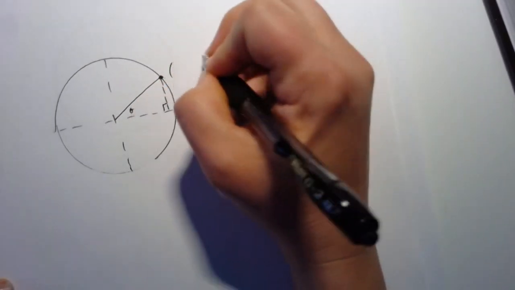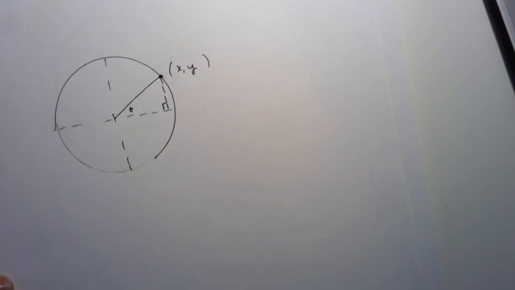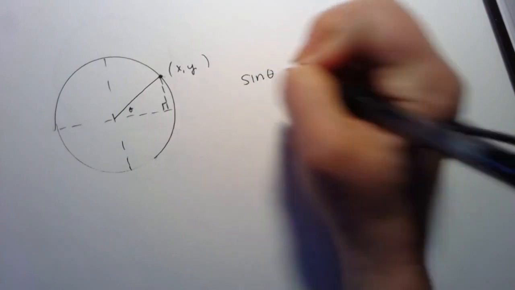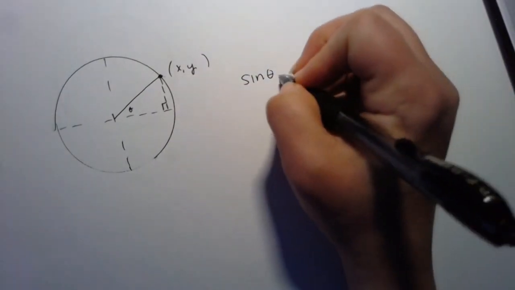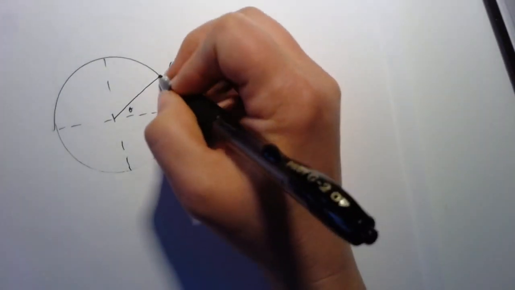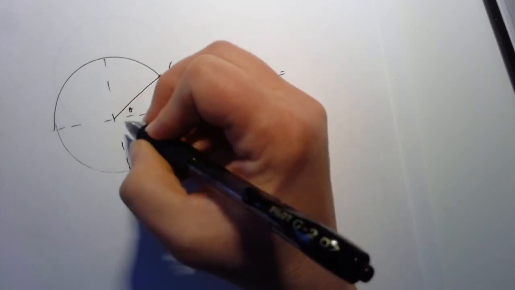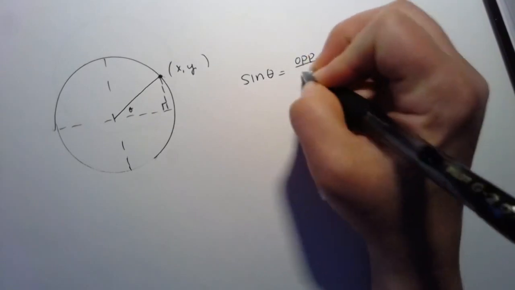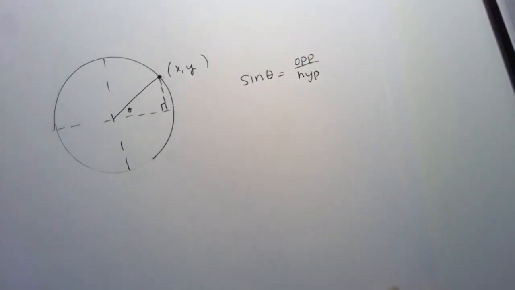In this particular case, if this is my x and this is my y, let's think about our right triangle things. For instance, the sine of theta would be equal to the opposite side over the hypotenuse, in right triangle trigonometry.